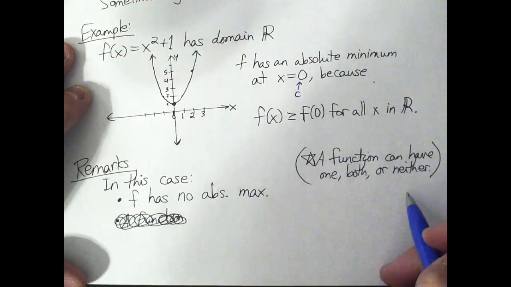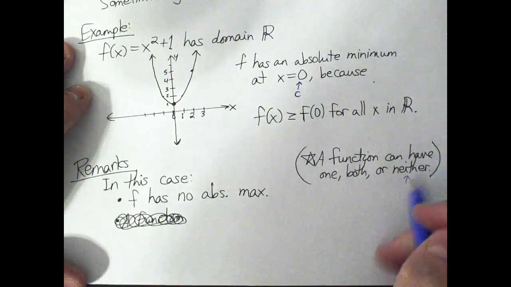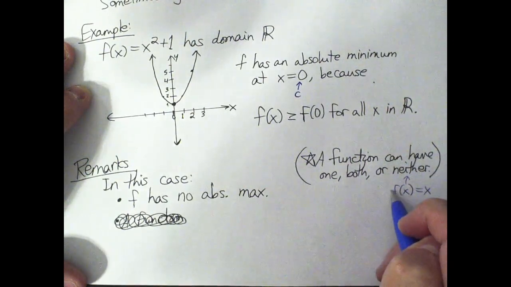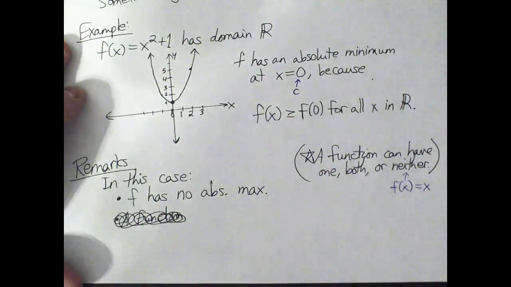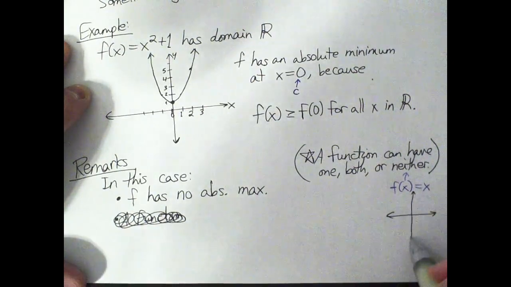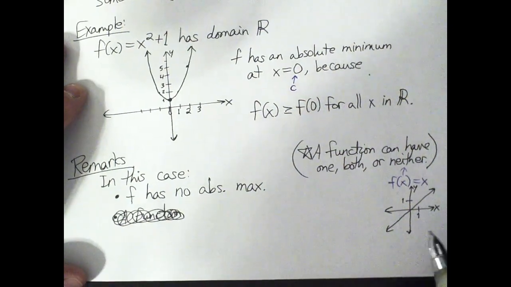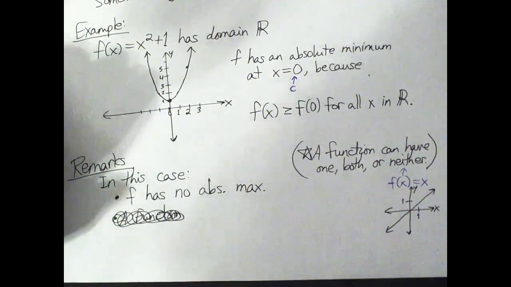How about that? How about that function that has no absolute maximum and no absolute minimum? What does it look like when you graph that? Tiny little picture there, but you get the idea. There's no greatest value and there's no minimum value.